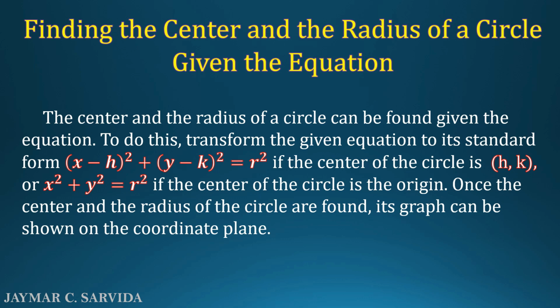That is, quantity of x minus h squared plus quantity of y minus k squared equals r squared, if the center of the circle is (h, k), or x squared plus y squared equals r squared if the center of the circle is the origin. Once the center and the radius of the circle are found, its graph can be shown on the coordinate plane.